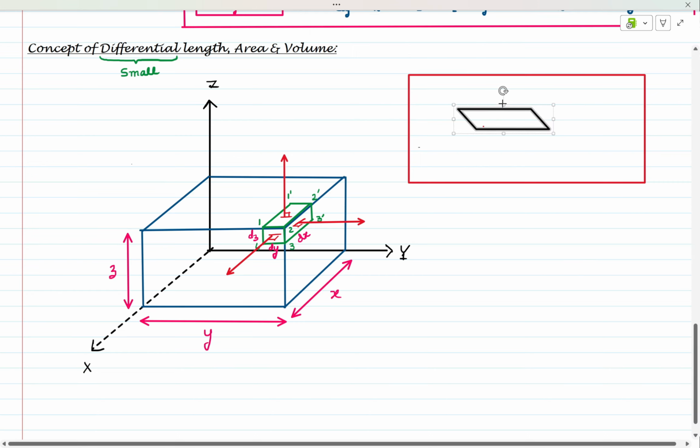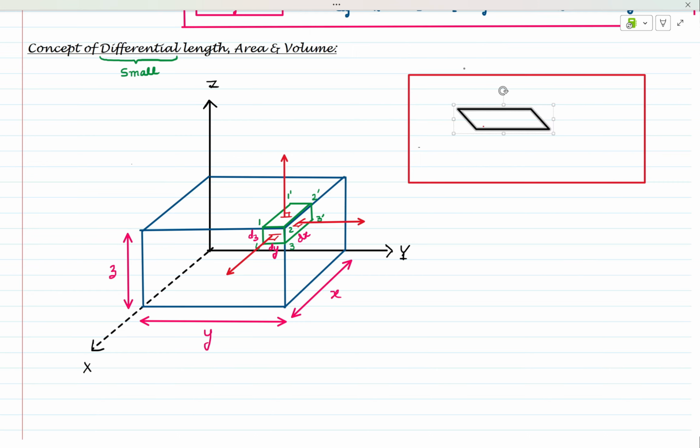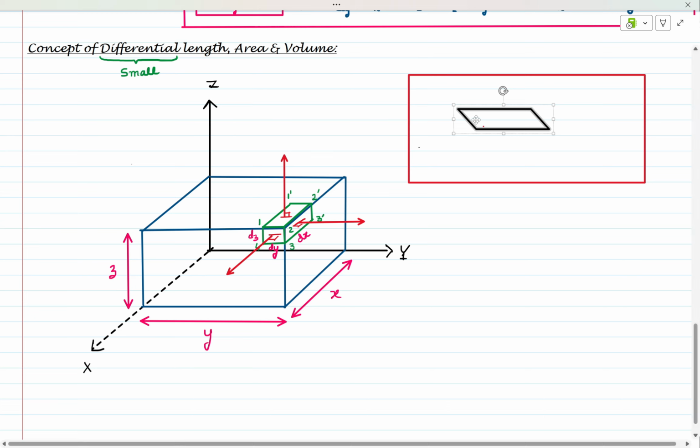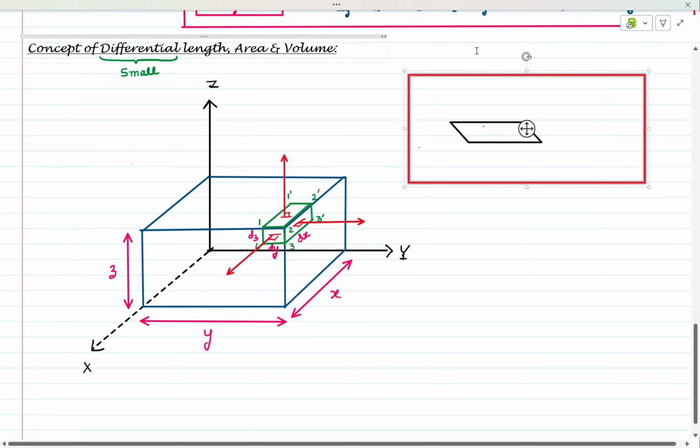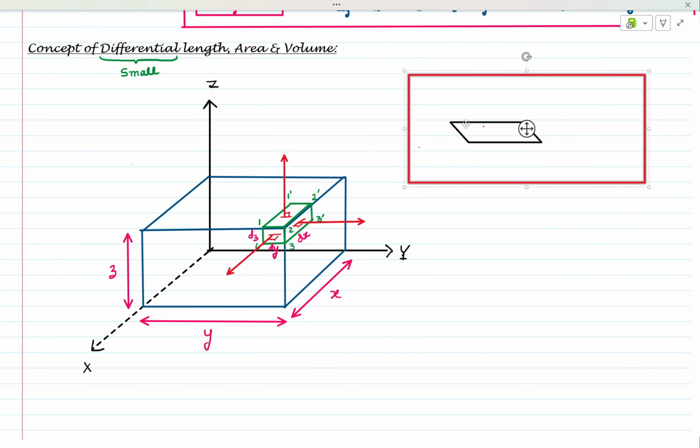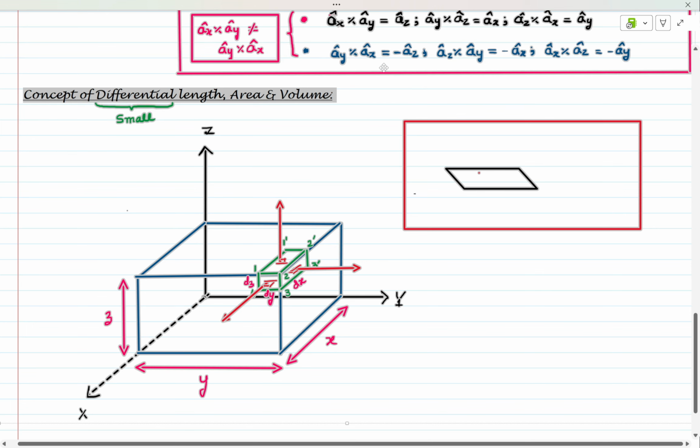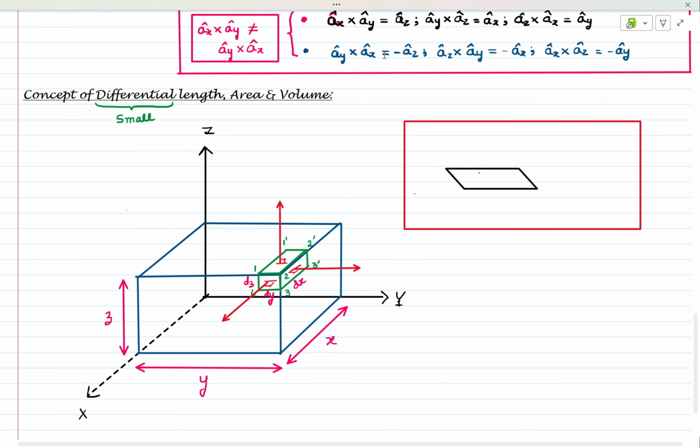If this is an area, say this is an area, and it has length and width a and b.